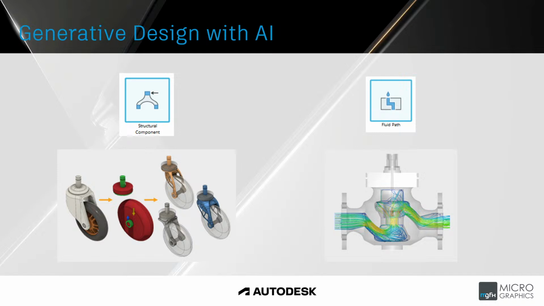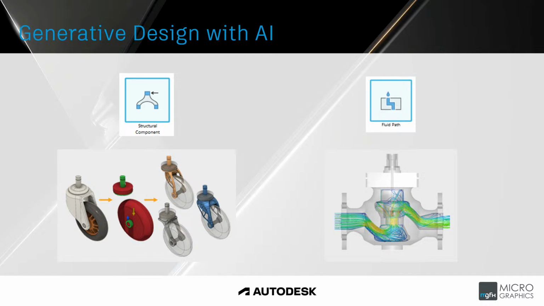Having a look at this with generative design, how does it help? Generative design basically is a game changer in Autodesk Fusion. With the AI-powered algorithms in the background, engineers can now explore design alternatives that they may not have actually considered themselves.